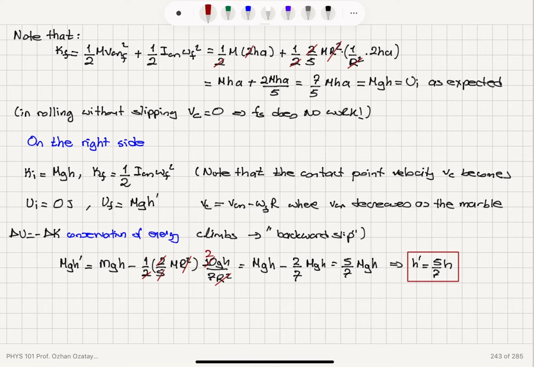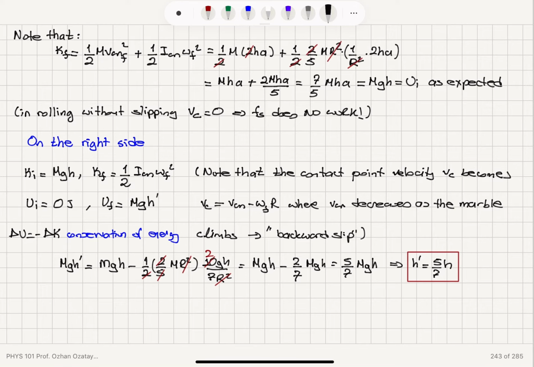The angular speed omega is not changing in time after we pass to the right hand side, but we do see that the velocity of the center of mass will decrease under the influence of gravitational acceleration. And what will happen at the top?